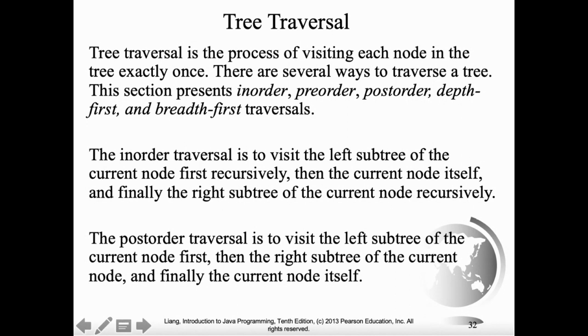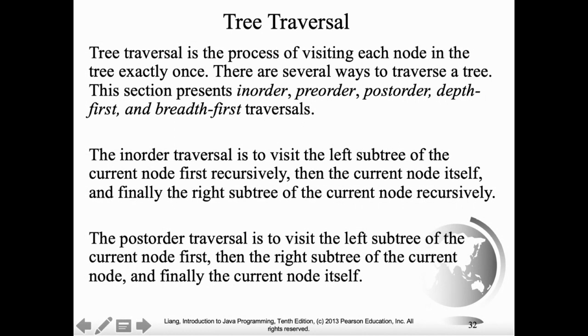Post order means we first visit left, and recursively go left all the way until there's no left anymore. Then we go to the right, and we do all the rights, and finally we go to the middle ones, the current nodes themselves.